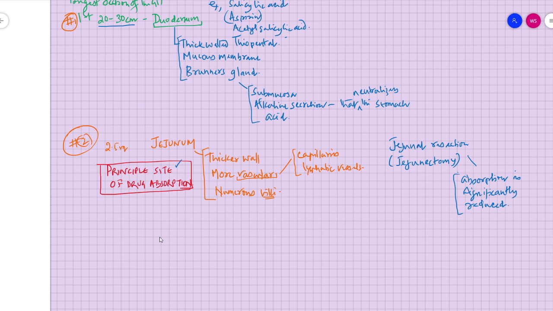Okay, so the next site, the third site, is the next 3.5 meters, and that is called ileum.